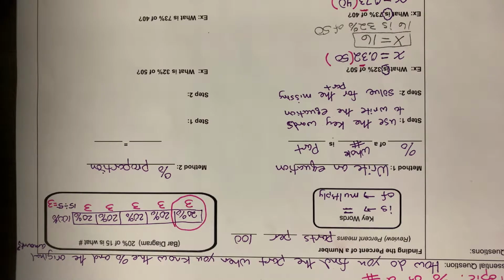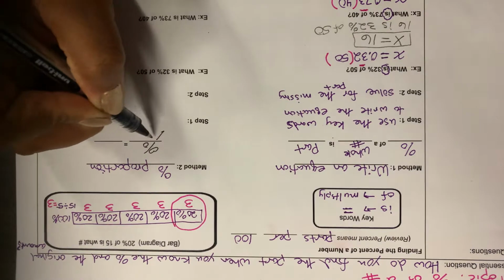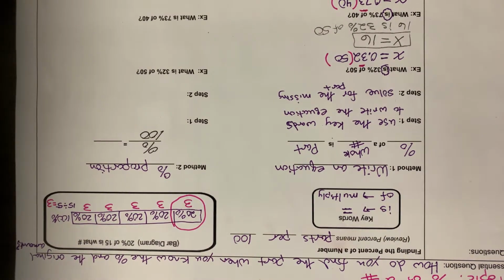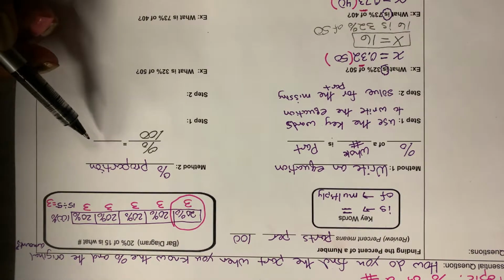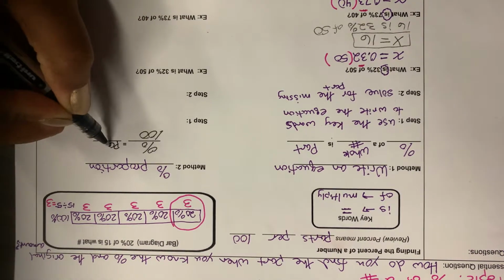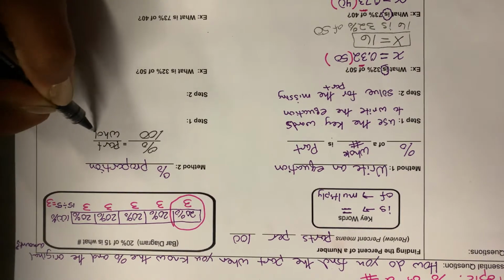All right, so reviewing what we already know. Percents are compared to 100. And on the other side of our proportion, we have the part compared to the whole.